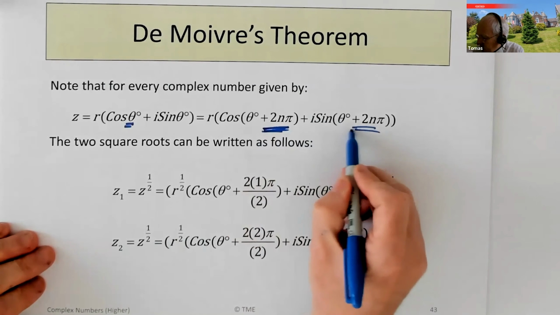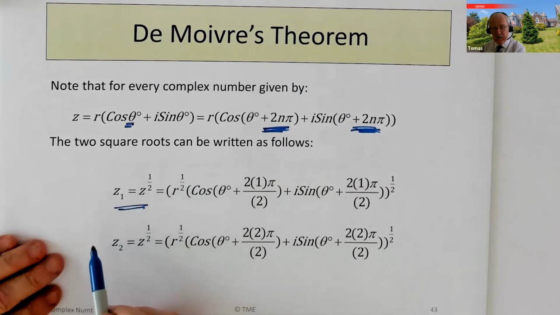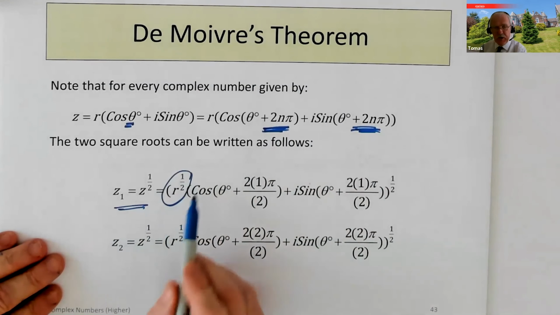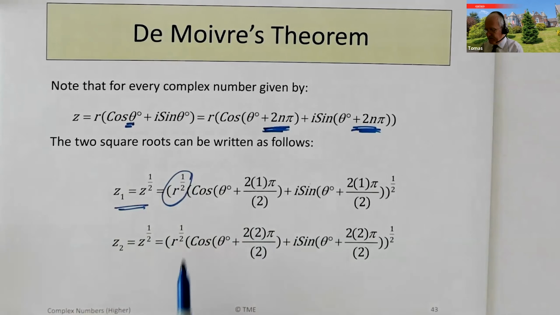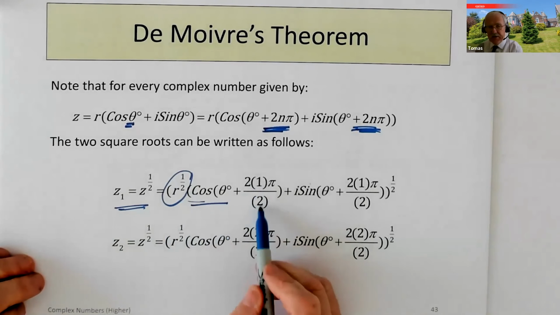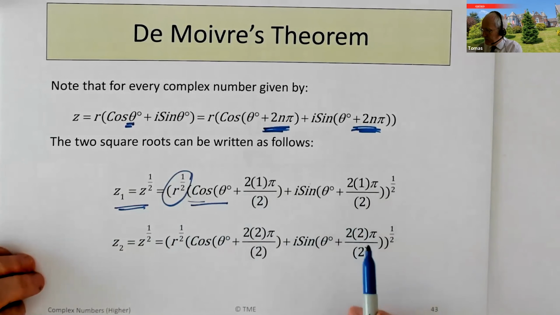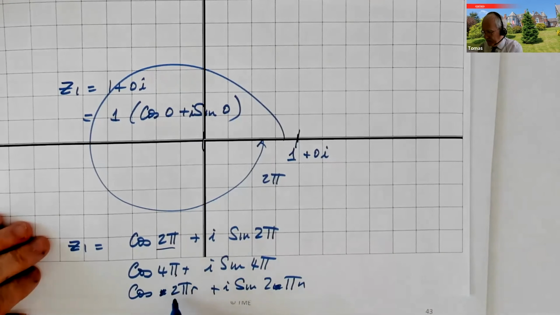So that's what we can do. And then the square roots can be written as follows. The square root of a complex number: you take the square root of its modulus. So if the original was 25 away from 0 plus 0i, the square root will be only 5 away, because the square root of 25 is 5. So it's the square root of that by cos plus i sine, and here I'm dividing the angle by 2. In the first case I'm using 2 pi, then I use 2 times 2 pi.